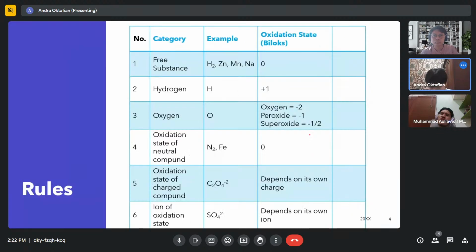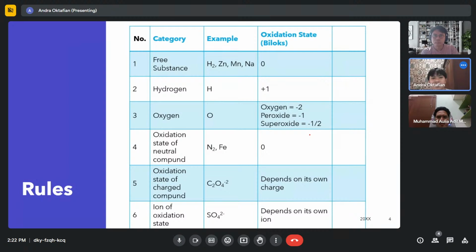All right. First of all, I would like to talk about the rules of the redox. You see that in number one, when it comes to free substances like hydrogen, zinc, manganese, and sodium, if the component is like this, you simply write zero.